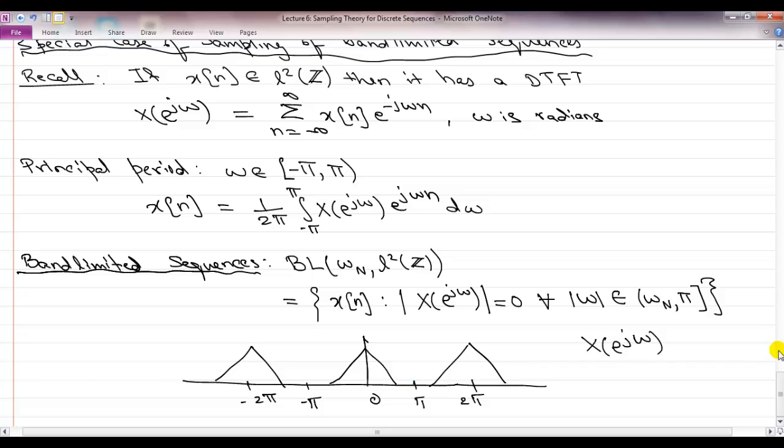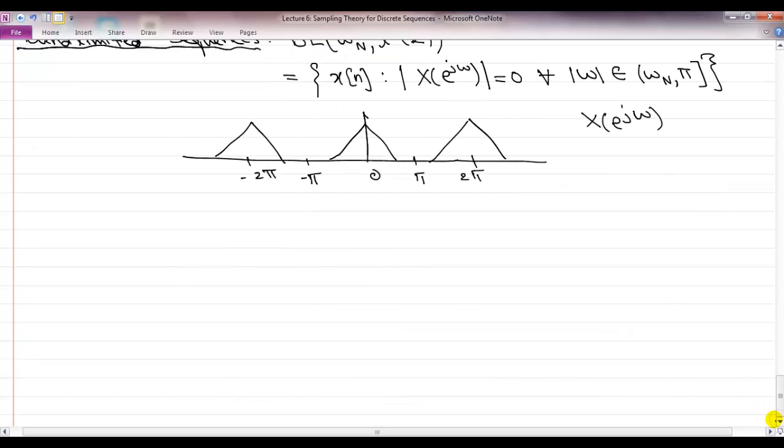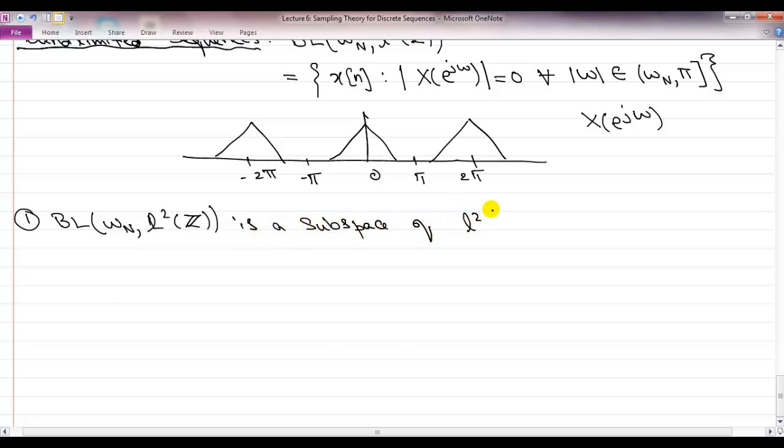So the first thing we have is that BL omega n of L2Z is a subspace of L2Z. Once we have that, the other thing that we need is an orthonormal basis for this subspace.